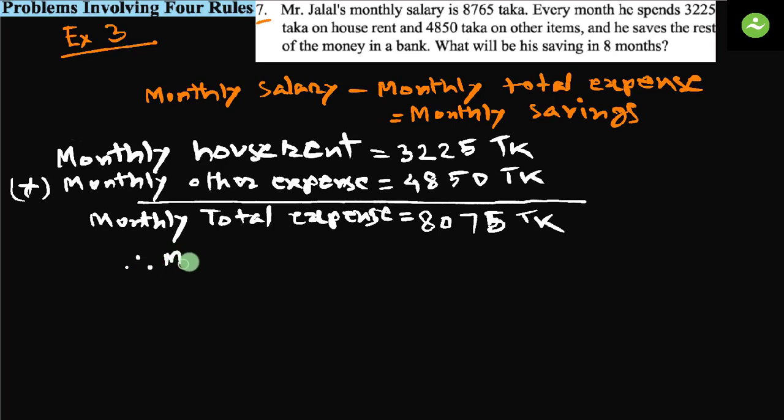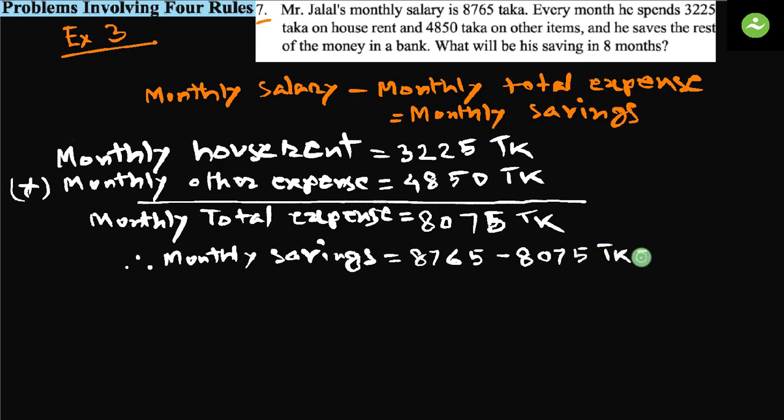Therefore, monthly savings equals monthly salary 8,765 minus 8,075 taka equals how much? 8,765 minus 8,075 equals 690 taka.